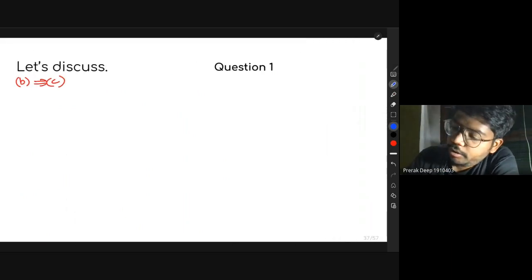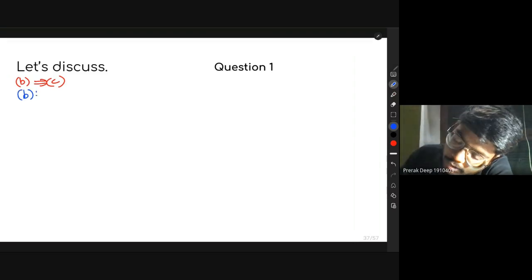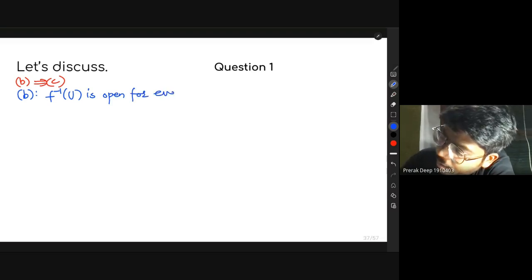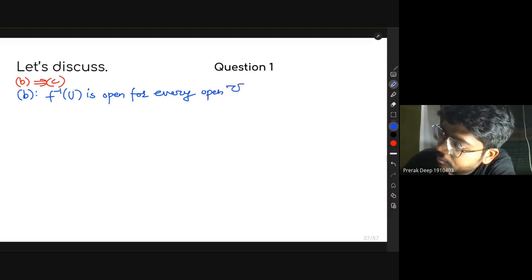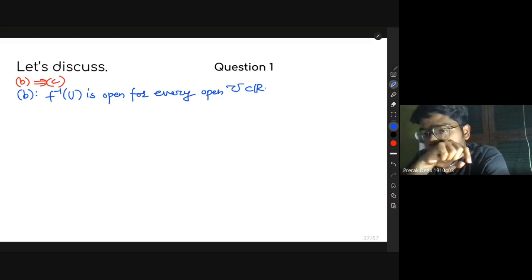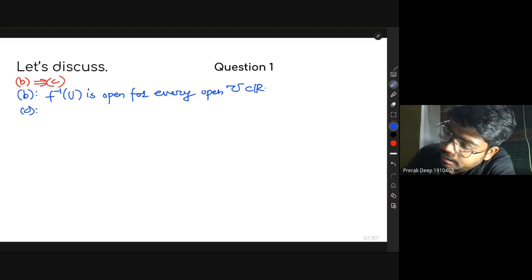Okay, so what is B? B is f inverse of U is open for every open set U in R. Okay, f inverse of U is open for every U open in R. And what is C?